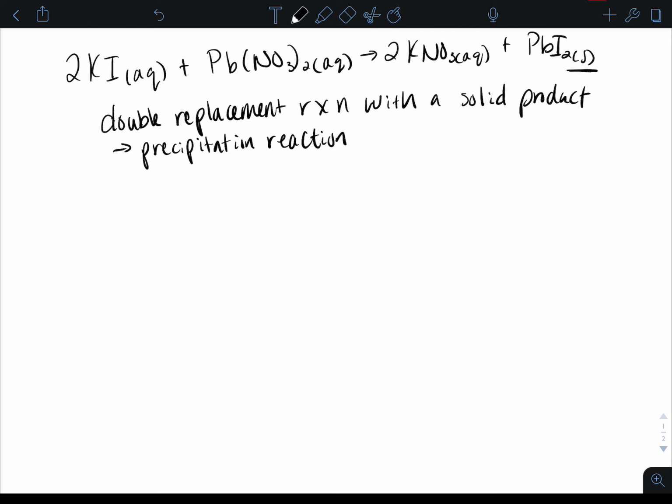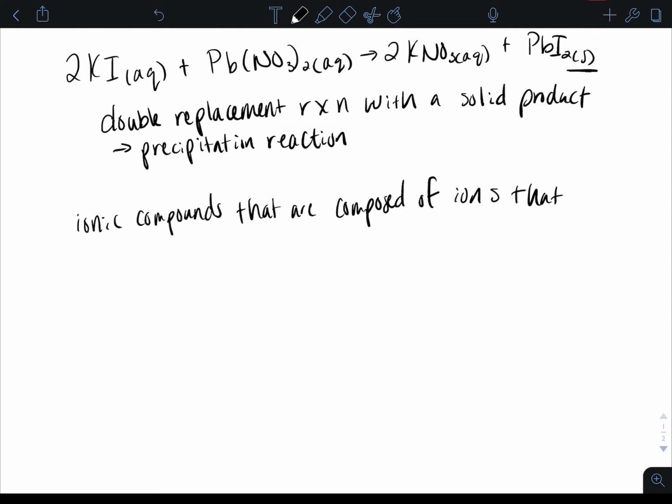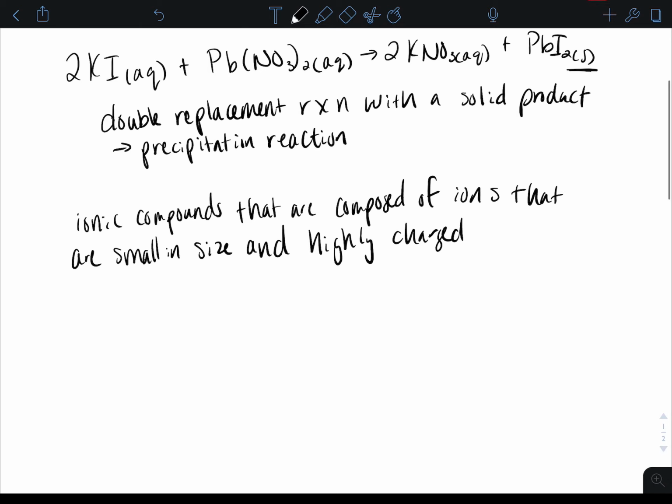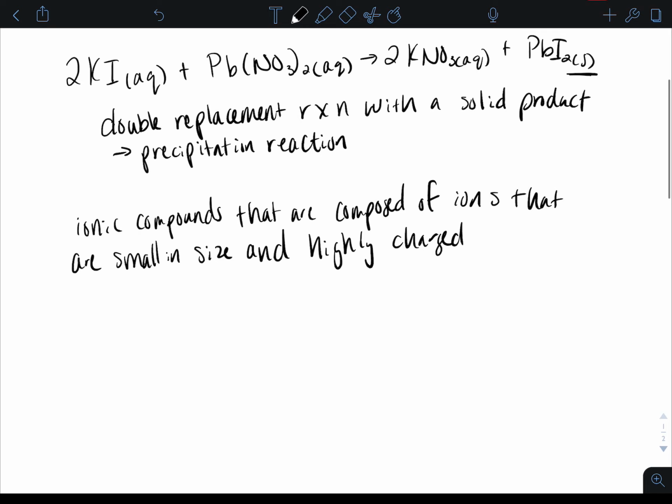So just in general, if we have ionic compounds composed of ions that are small in size and highly charged, these are going to be less likely to be soluble in water.